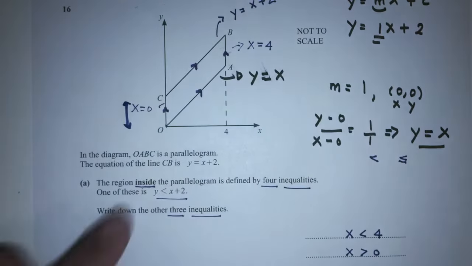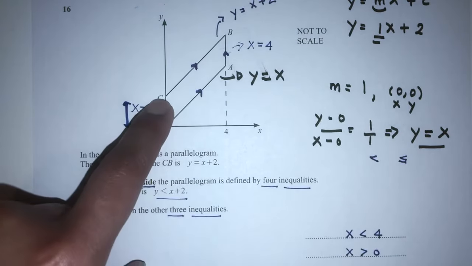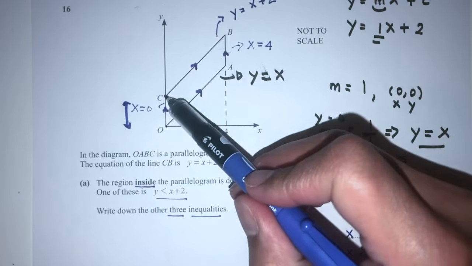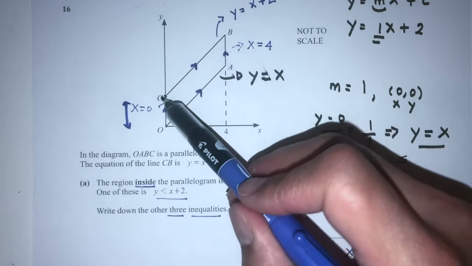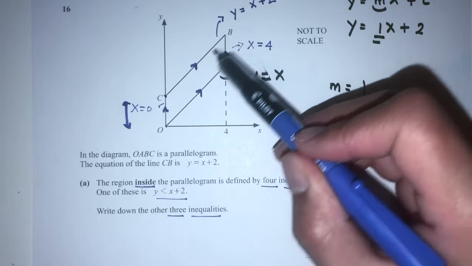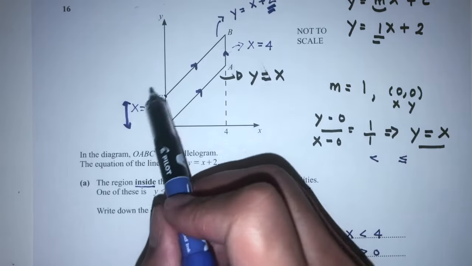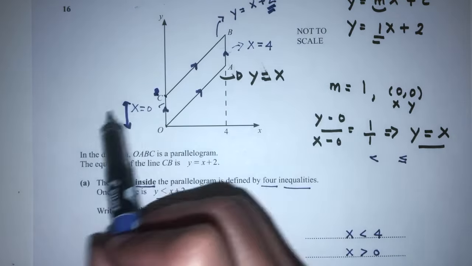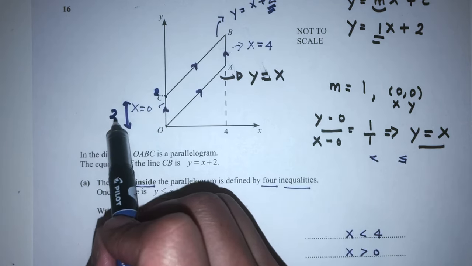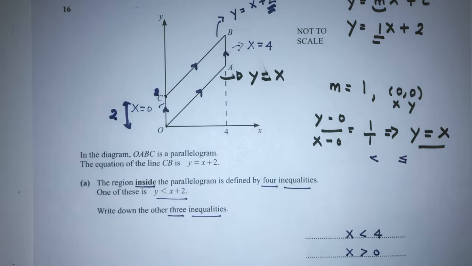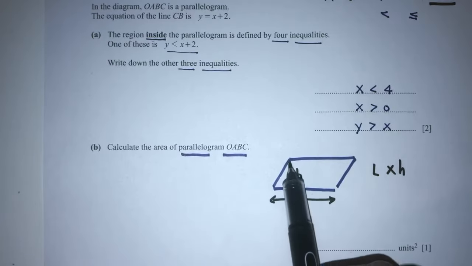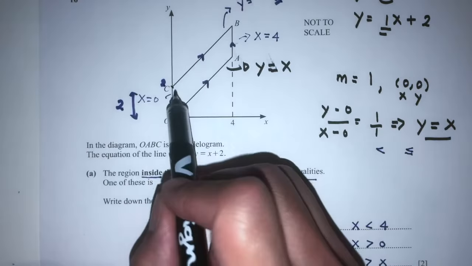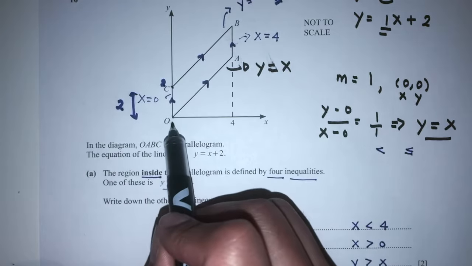What is this point? This point is the point of intersection of the y-axis and this line. The y-intercept is 2. So 0 to 2, the length is 2. And the height, as you can see, is this one. Or we can draw it, which is this one.